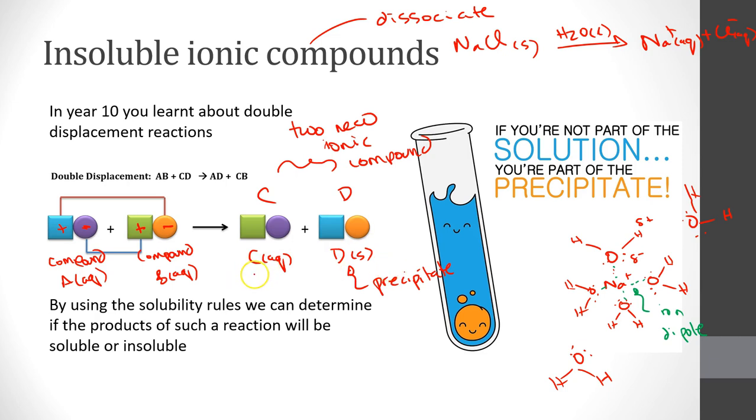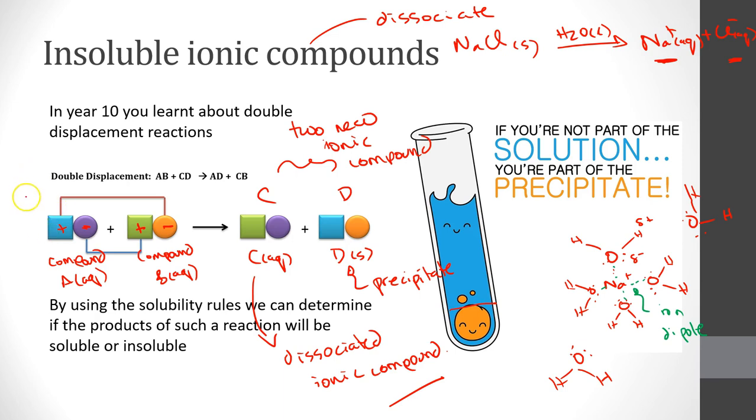Remembering that C will now be a dissociated ionic compound, like our NaCl example up here, where we would have aqueous sodium ions and aqueous chloride ions, whereas our D would be a solid that would form in the bottom of the test tube or the container.